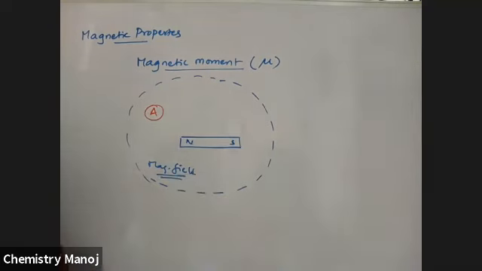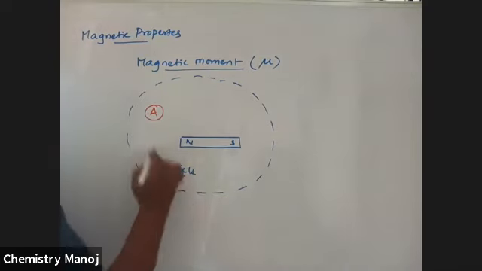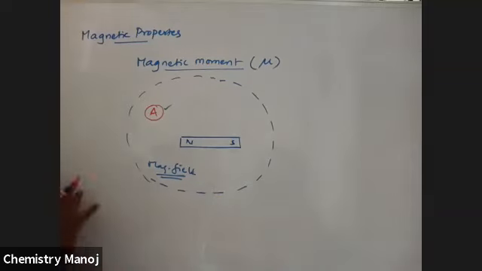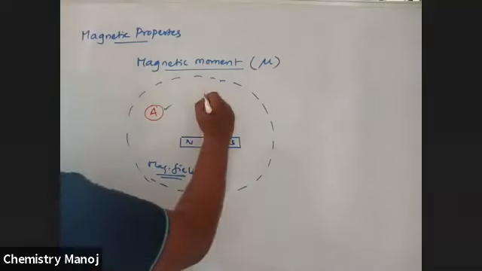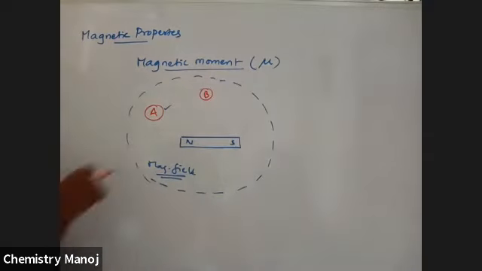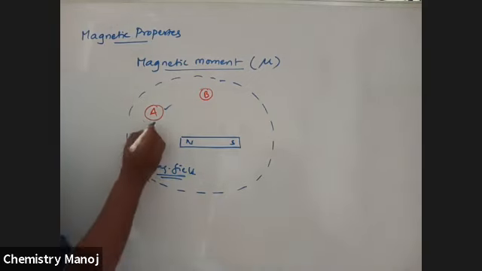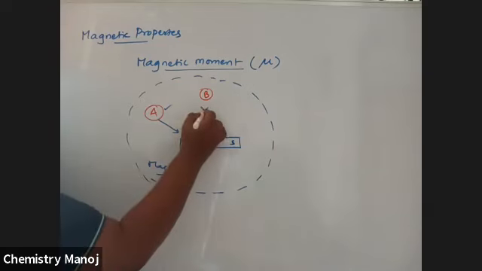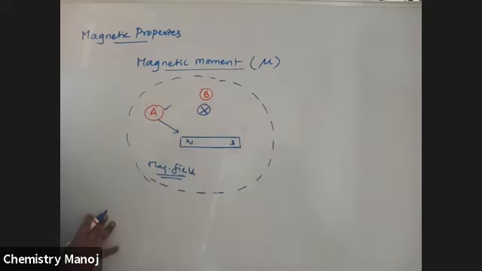In this magnetic field, I put a material, that is A and also B. Now, this A is attracted by that magnet, but B is not attracted by the magnet.